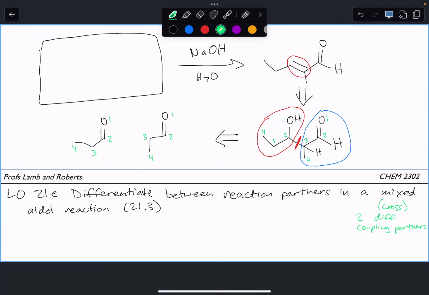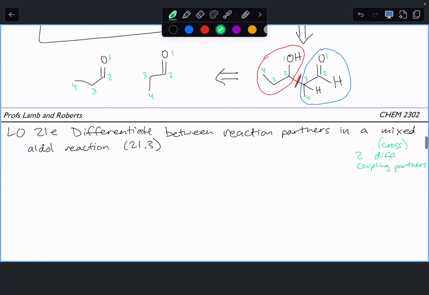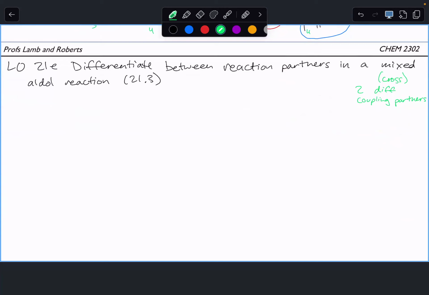So basically, your electrophile and your nucleophile are not coming from the same molecule or the same version of the molecule. So you can't just do this all the time, or at least not efficiently. If we were just to throw in two random aldehydes, these have different numbers of carbons.